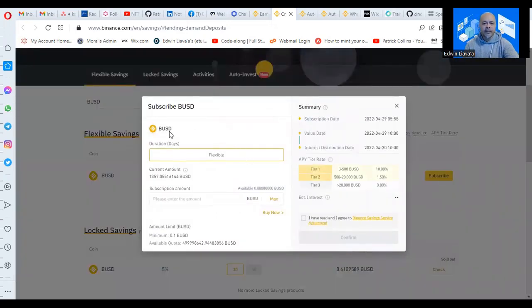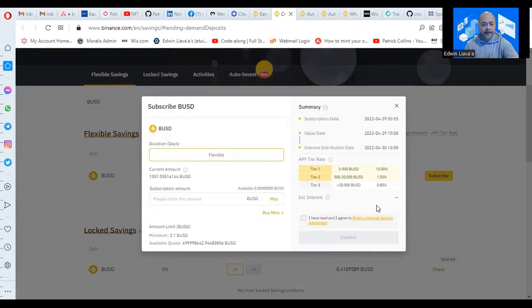You subscribe and you see the duration, which is flexible, and the current amount. It's going to show you here what's available in BUSD. All you need to do is select it, whether it's max or whatever. Then you read and agree to the Binance savings terms, and you confirm. And that's it, very simple.